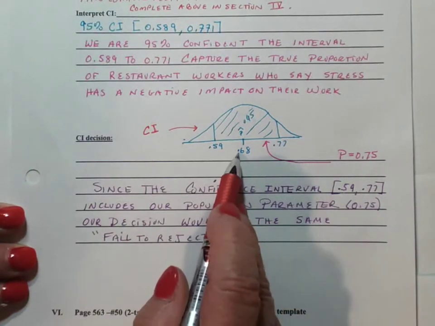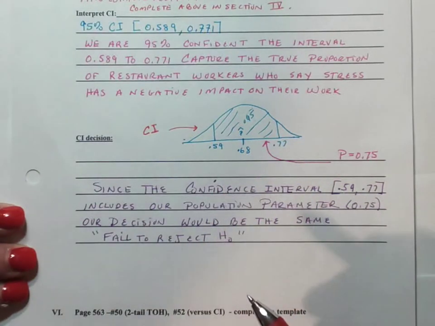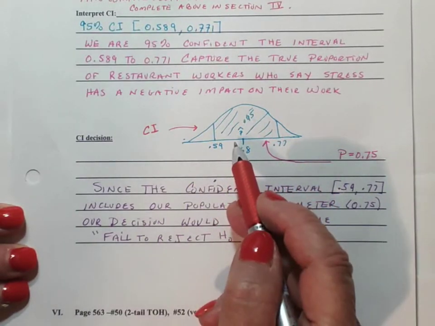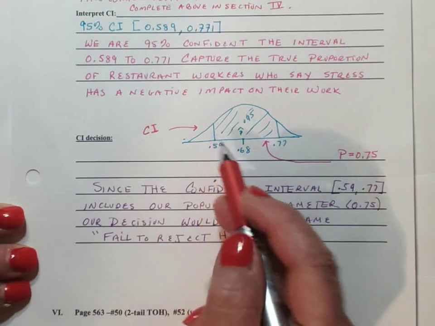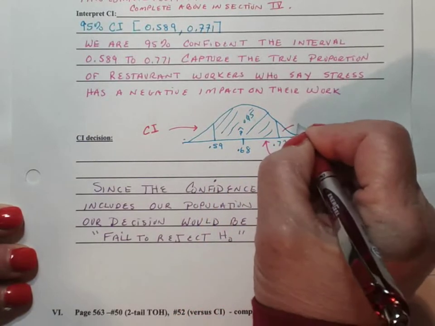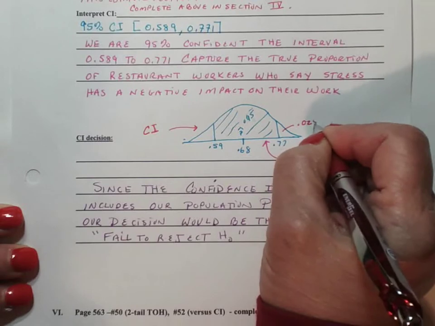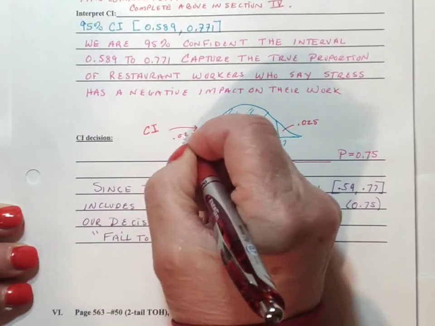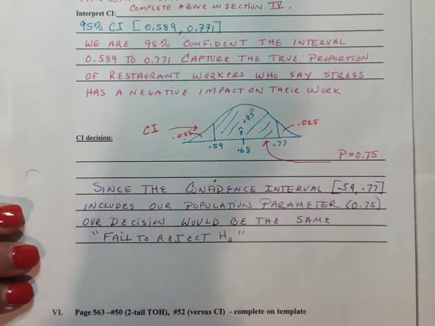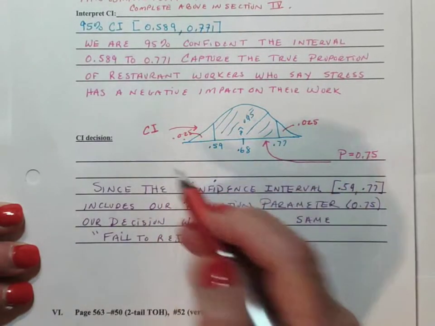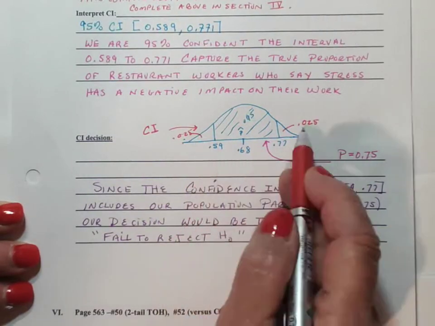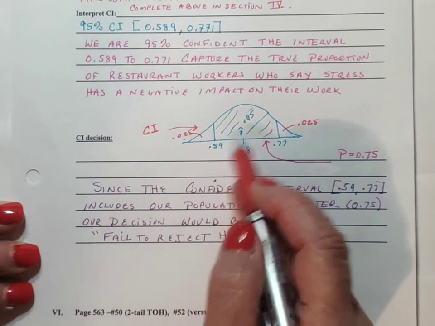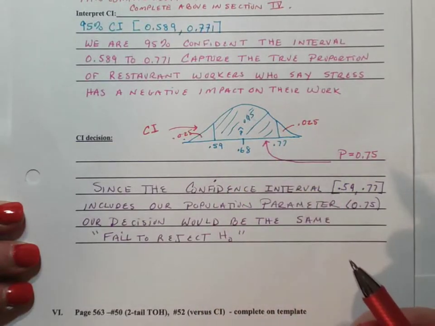Right? Our p-hat was 0.68. We had a 95% confidence level, which corresponds to these tails, which are 0.025 and 0.025. So that's how we have our significance level of 5%, which translates to a confidence interval for 95%.